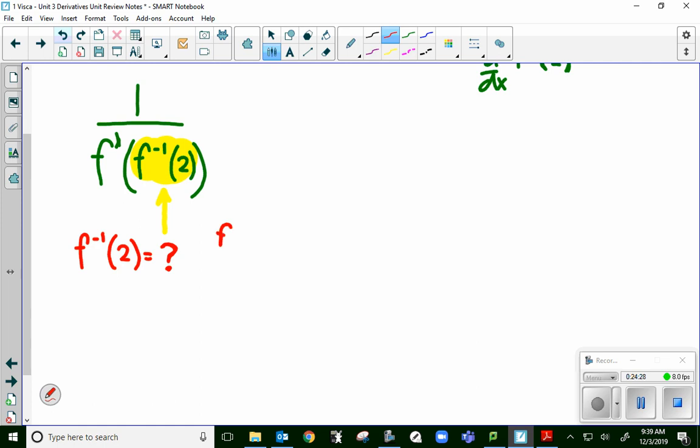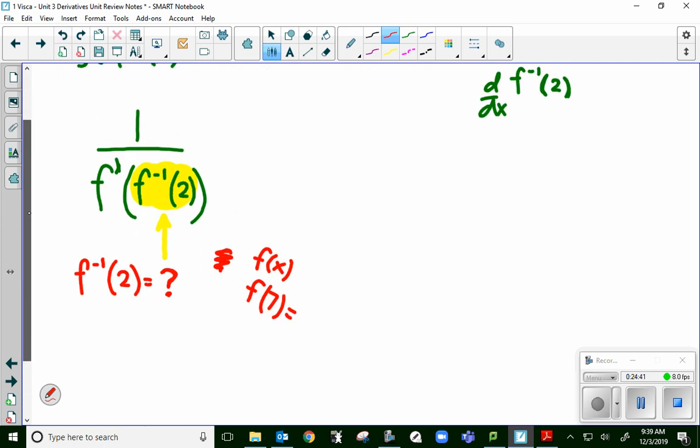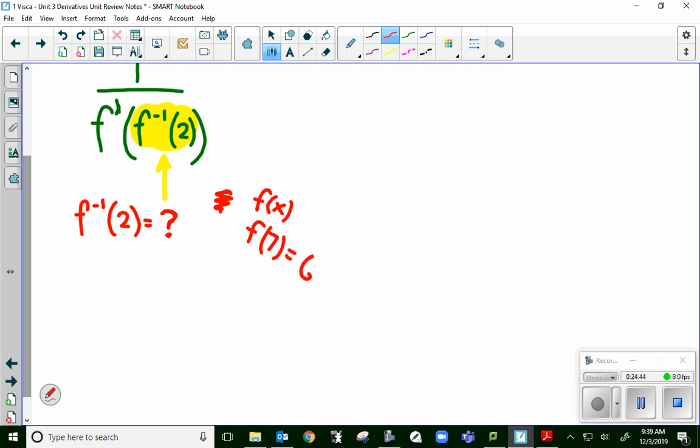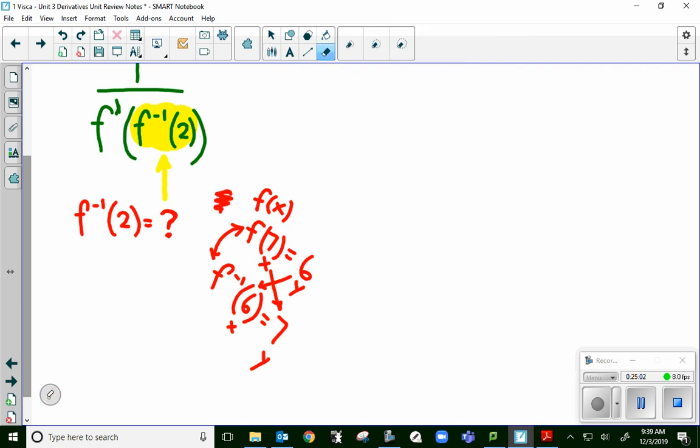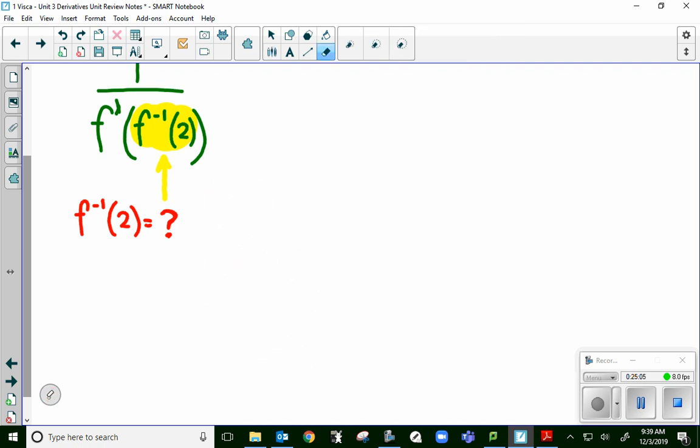So if my original equation, let's say f of 7 equals 6, and I'm not talking about the one they're giving us, I'm just randomly making up numbers here, my x would be 7, my y would be 6. For the inverse, when I plug a 6 in for x, it would equal my 7 for y. So these literally flip when I go from regular to inverse and vice versa. You see what I'm saying? That's just a basic rule for inverses, and that's what I'm going to apply here.